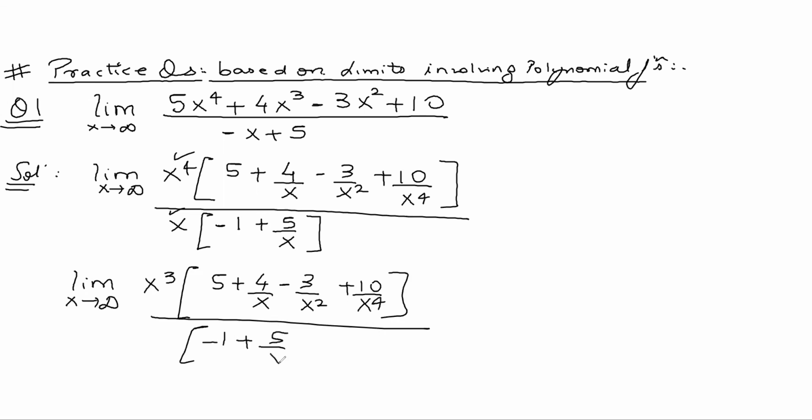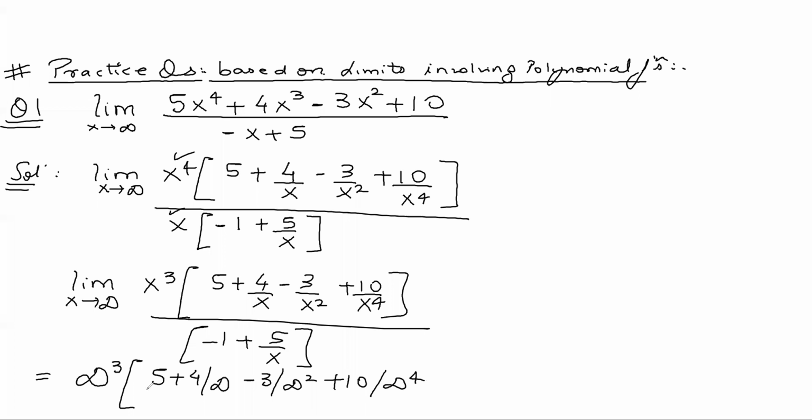Now, guys, we just need to put infinity. So infinity cube into 5 plus 4 by infinity minus 3 by infinity square plus 10 by infinity^4 upon minus 1 plus 5 by infinity.